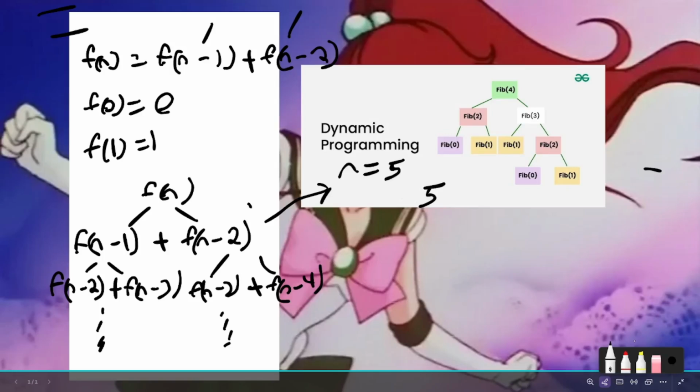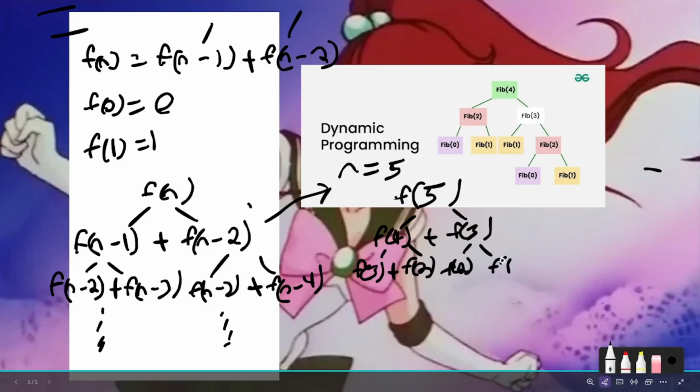So f of 5 is equal to f of 4 plus f of 3, which is equal to f of 3 plus f of 2, which is equal to f of 2, f of 1, and then that breaks down into f of 2 plus f of 1. f of 2 becomes f of 1 plus f of 0.